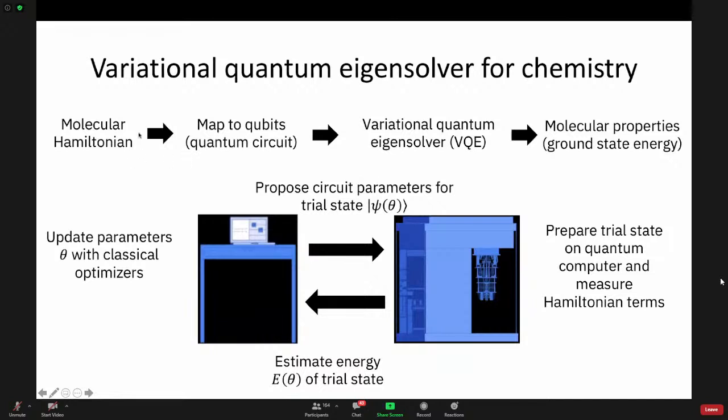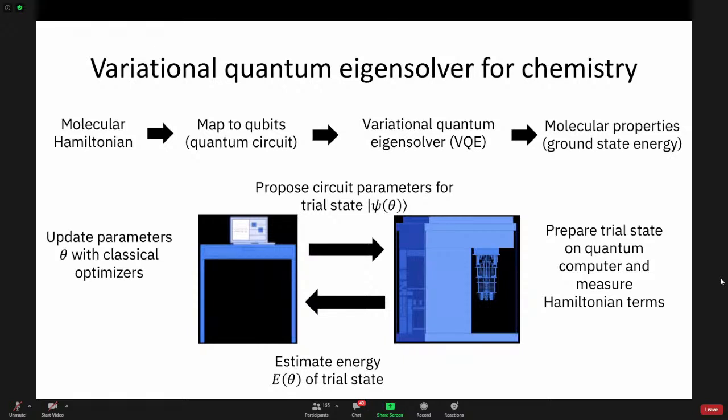First, you have a molecular Hamiltonian. So again, you solve the Hartree-Fock, you get the molecular orbitals, and you construct the molecular Hamiltonian. Then you need to transform the fermionic Hamiltonian into a qubit Hamiltonian, so you use a mapping to do so.